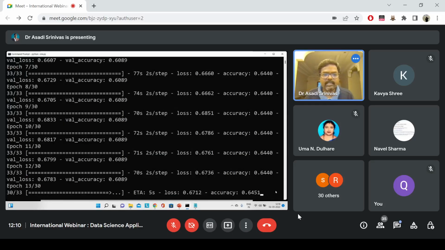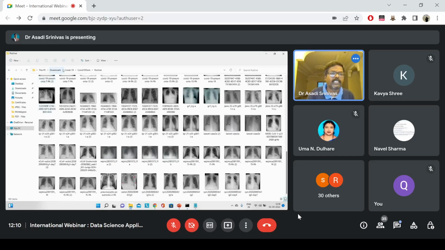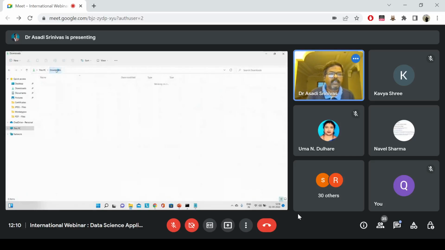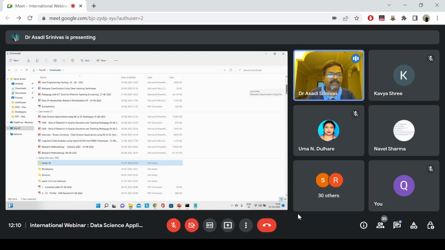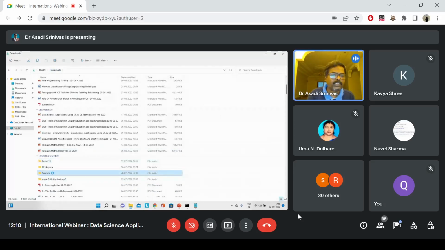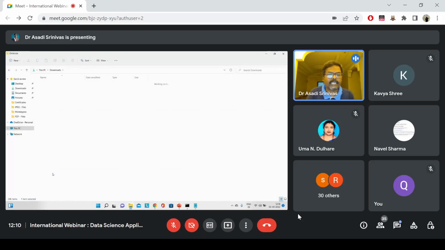Now I am going to demonstrate one more CNN algorithm. Please check on COVID-19, even the Omicron data set. If you see the Omicron data set, I'll check it and I will let you know. See, that's why if you give good quality input, you will get quality results.